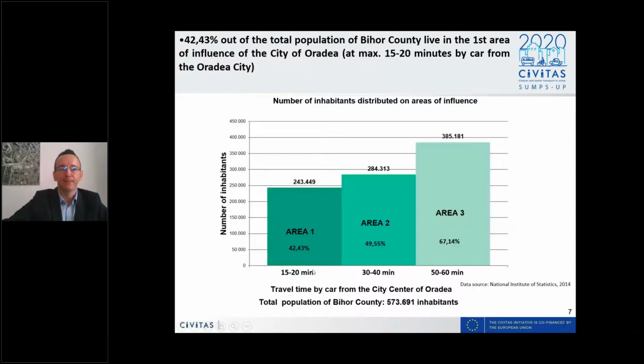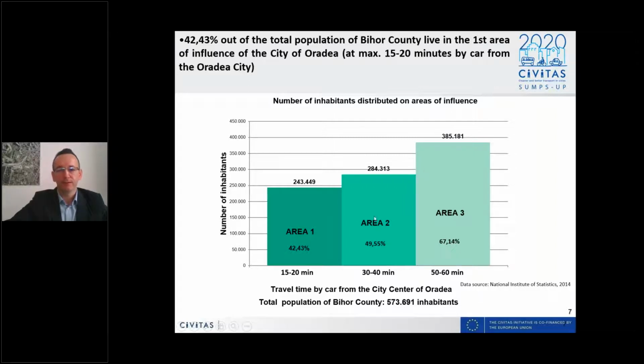Thank you. Regarding the role of the city at the level of the whole county, I just want to present you the importance of this role. For example, more than 42% of the total population of Bihor County lives in the first area of influence of the city of Oradea.